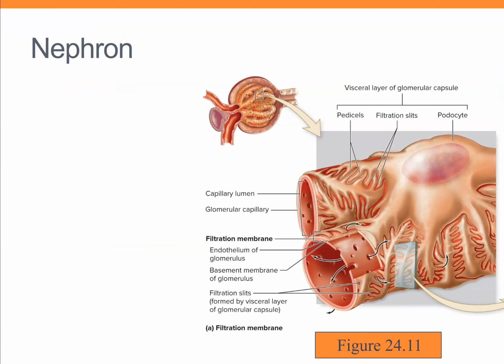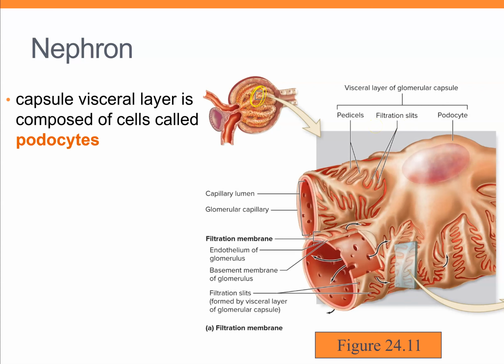Taking a closer look, so you're looking at those glomerular capillaries there. And then this is the magnified view here. What we've got here is the visceral layer is this outer surface that you see. You can see the capillary itself and the lumen of the capillary in there, and then you've got these weird looking cells on the outside.